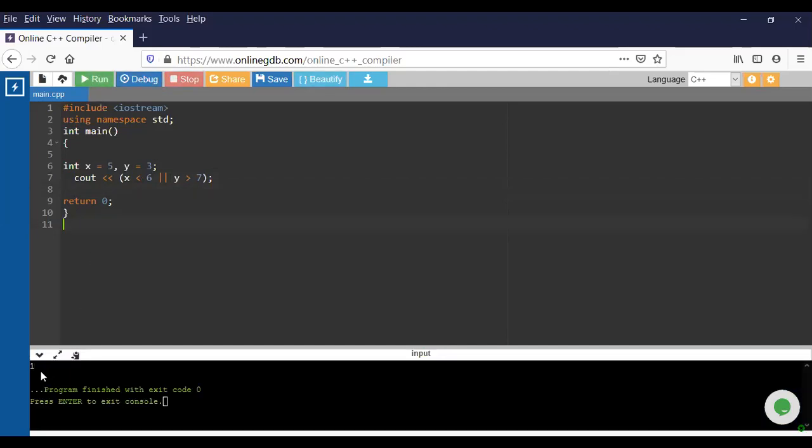Okay, now it's 1. Because less than 5, I cannot write, since the value is already 5. So we have to put less than 6. So just try it. For logical OR, only one condition needs to be true here. Okay, let's go for the other.